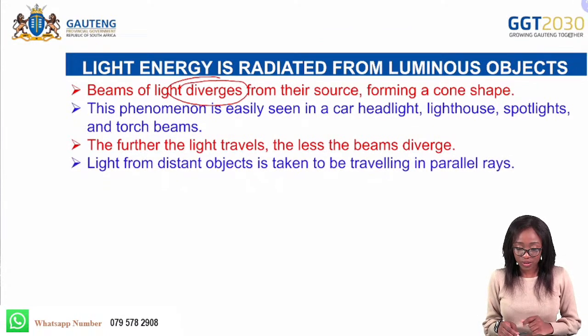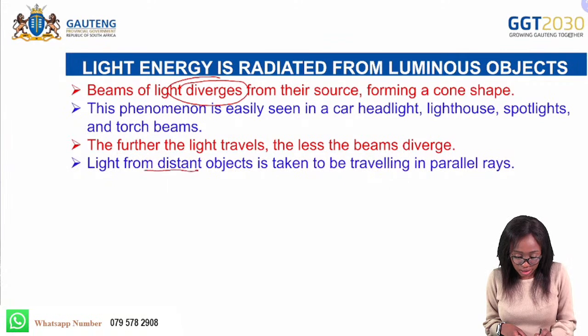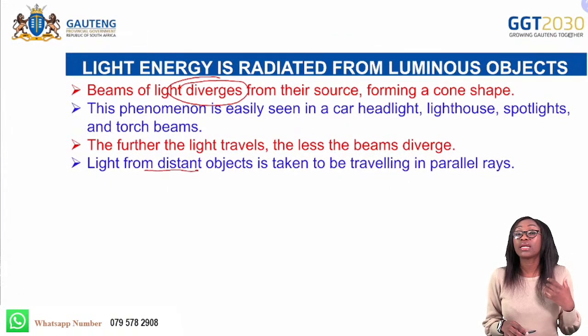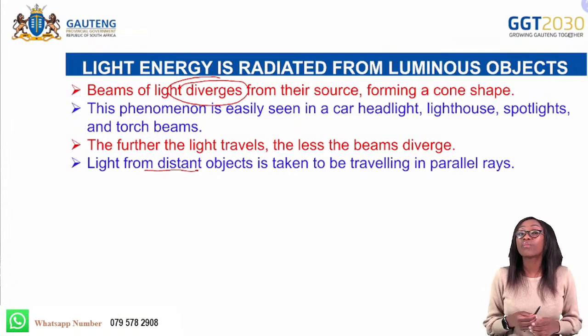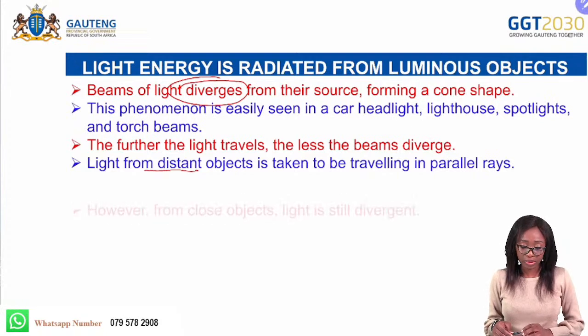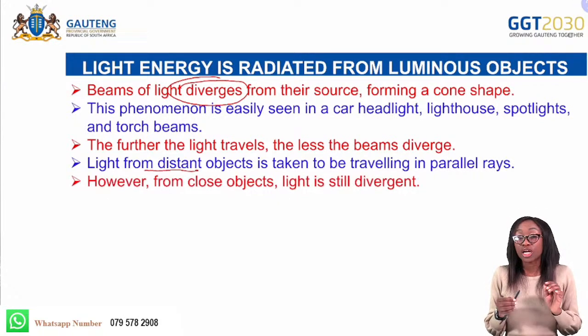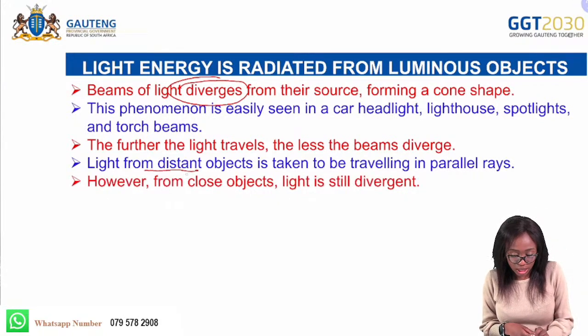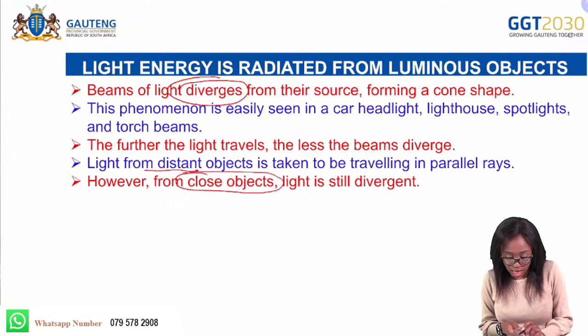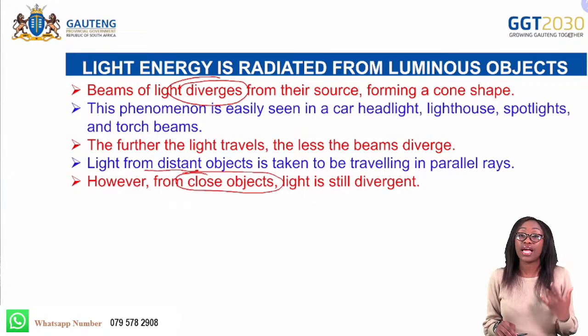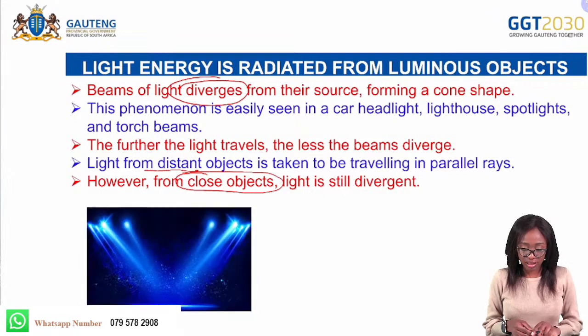So light from distant objects is taken to be traveling in parallel rays. Do you remember what we said the meaning of parallel is? Lines that never meet. However, from close range, or rather close objects, the light is still divergent.